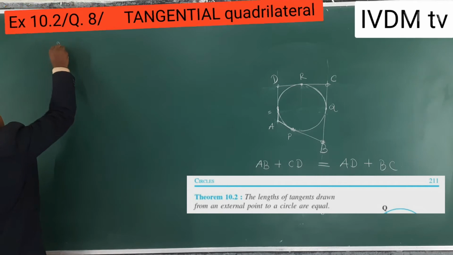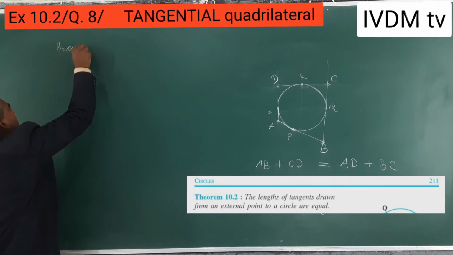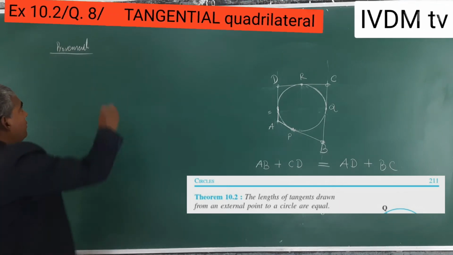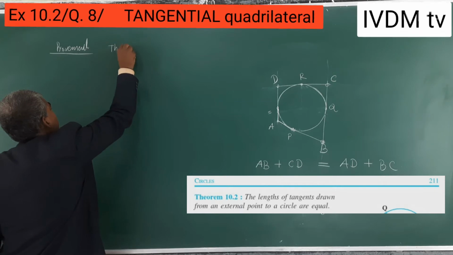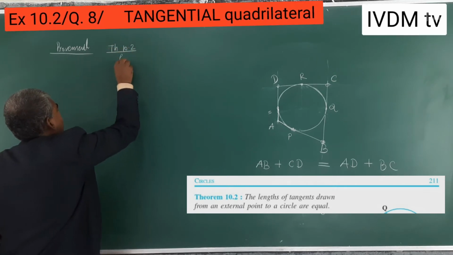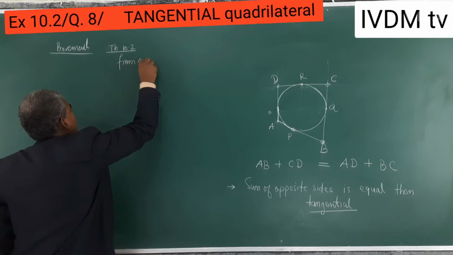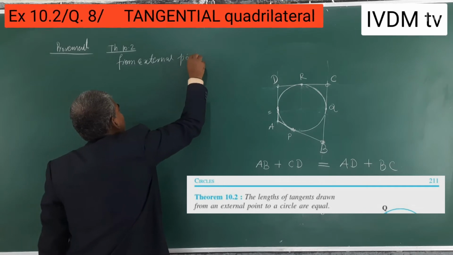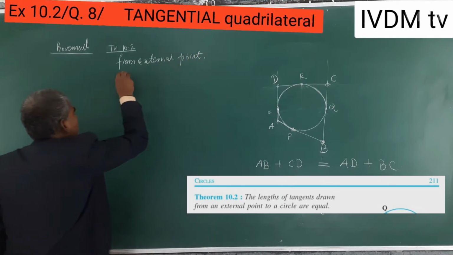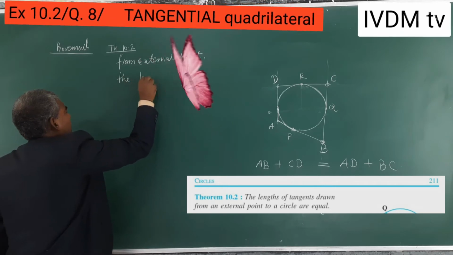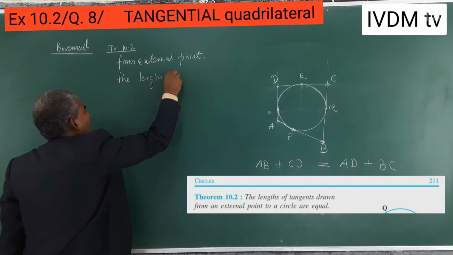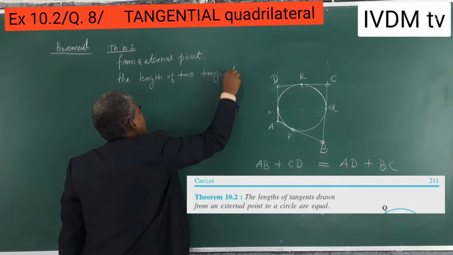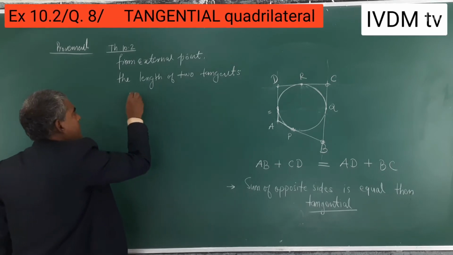Now the proof. No condition is given here. So just write theorem 10.2: from an external point, the lengths of the two tangents are equal.